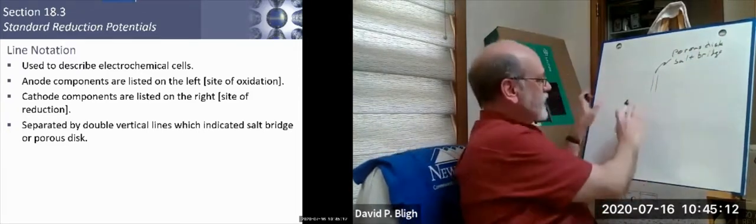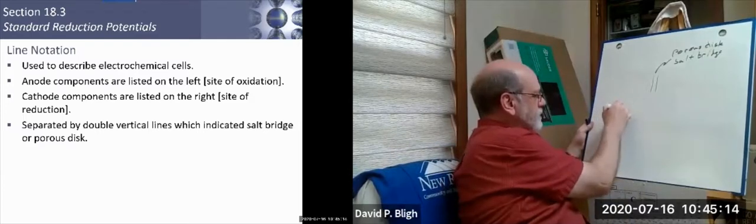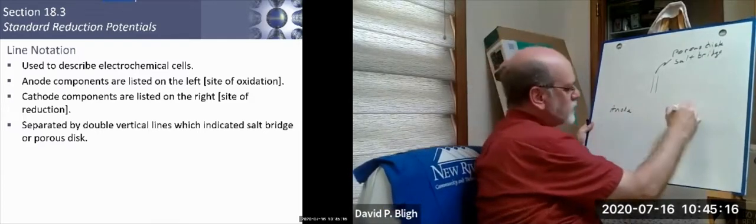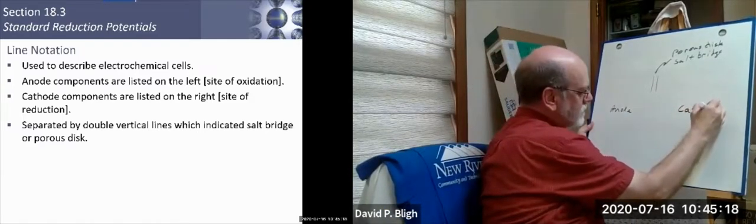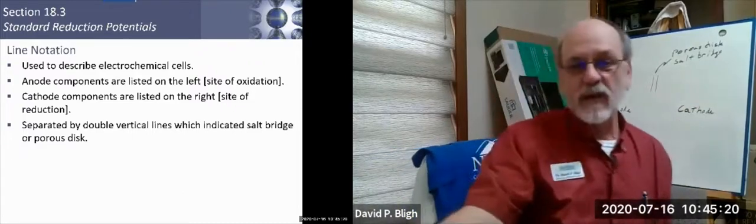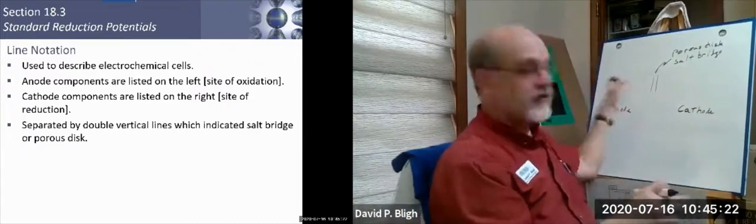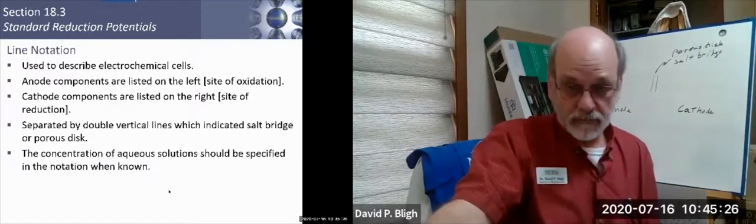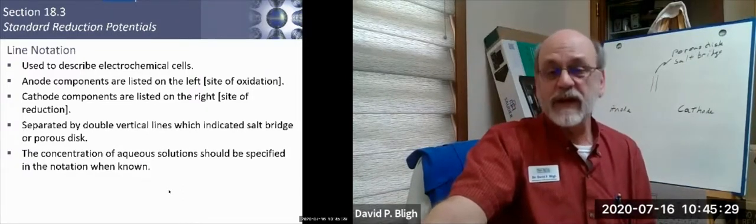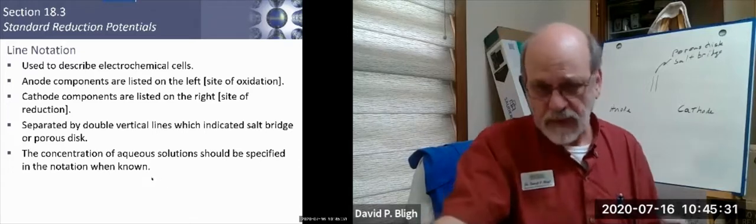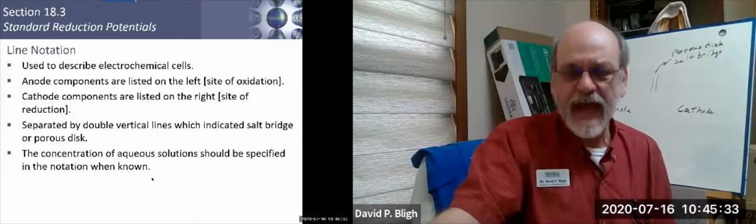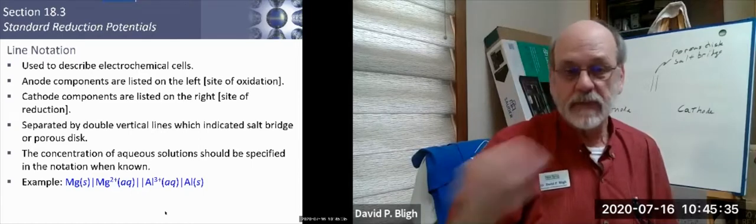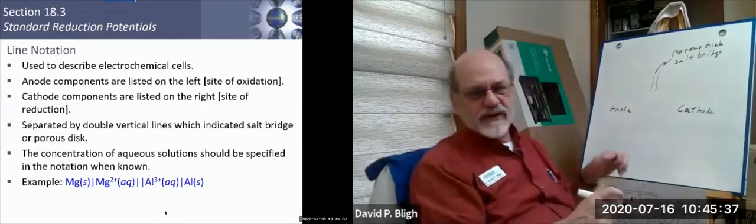Okay, so the anode is going to be on this side, the cathode is on this side. Now we need to know what order things come in on each side. We want to include the concentrations, but that's after you get them written up there. So what happens on this side?